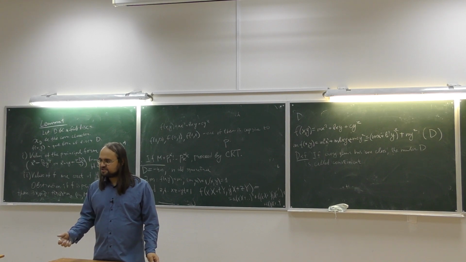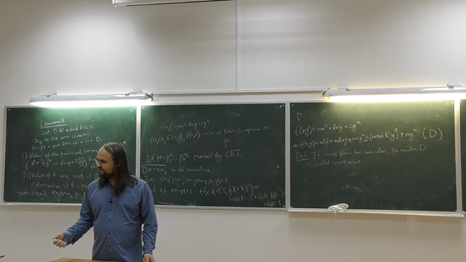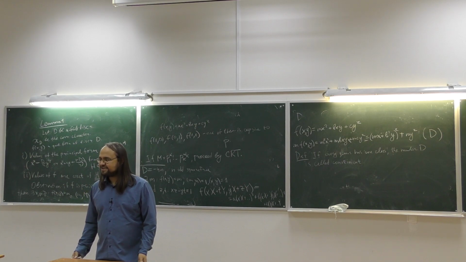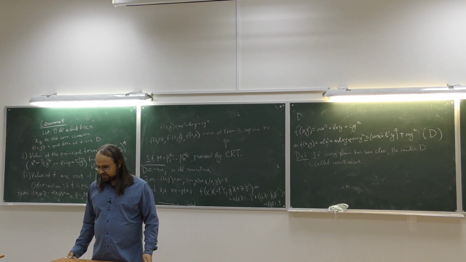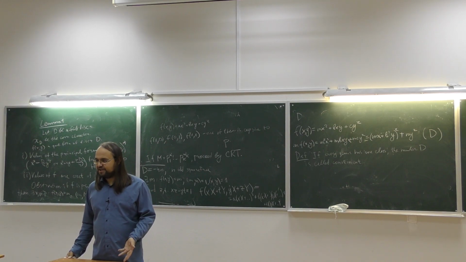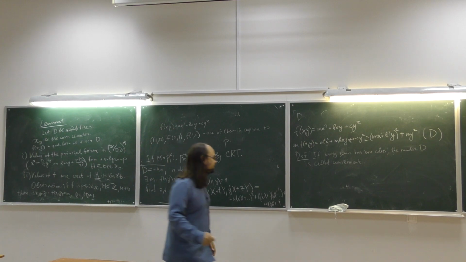There is a group structure on quadratic forms, right? This group structure actually comes from multiplication of forms. Let me remind you.